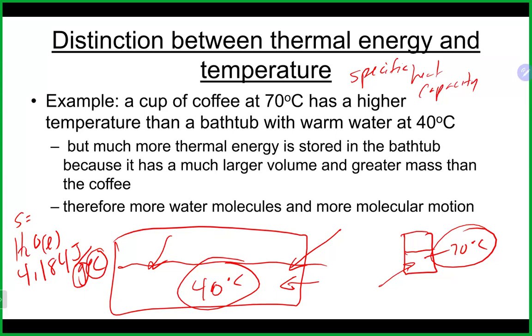So with a higher specific heat capacity, it takes a lot more energy to change the temperature of a substance by 1 degree Celsius. If you have a really big volume of water, like the ocean, people are upset when the temperature of the ocean goes up by like half a degree or a very small amount. And you think to yourself, well, it's not a very big temperature change, right? The water didn't really go up by all that much.